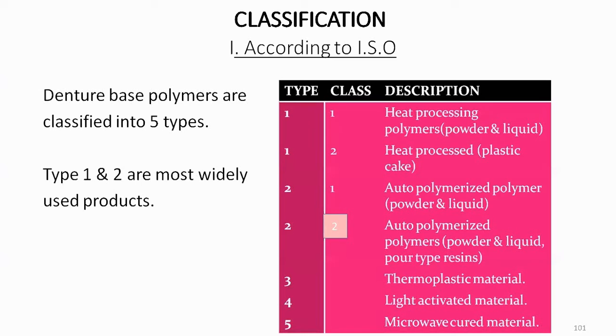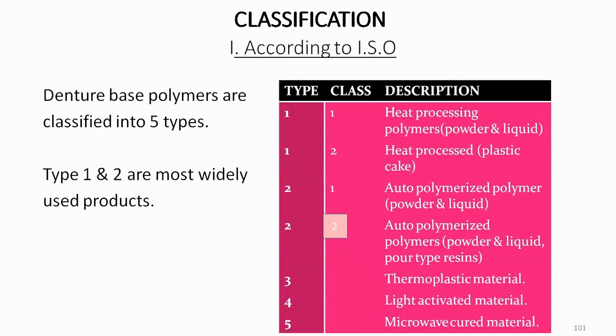Number 1 is heat. Number 2 is chemically cured. Number 3 is thermoplastic. 4 is light. 5 is microwave. These are classified according to the activator that we should provide to it. Type 1 has heat as an activator.